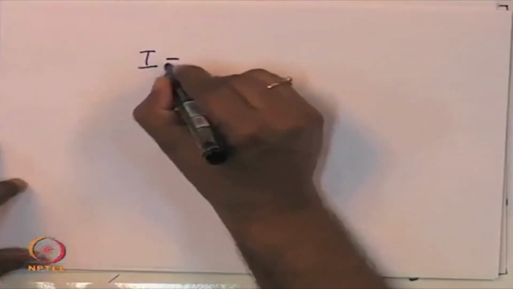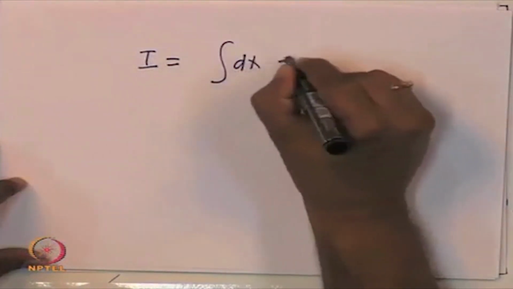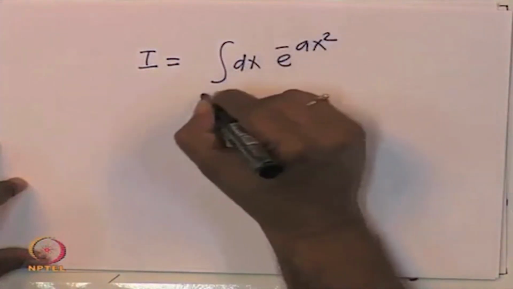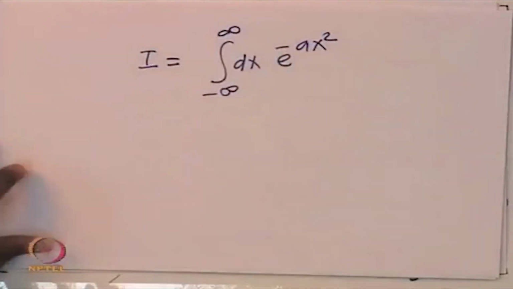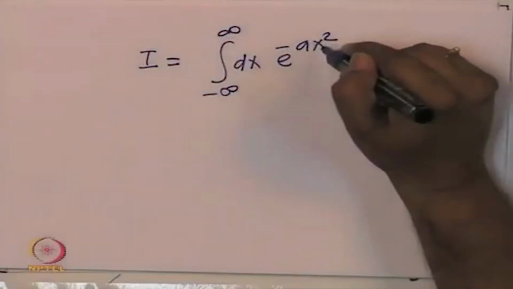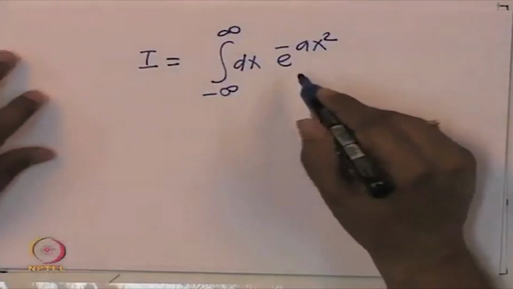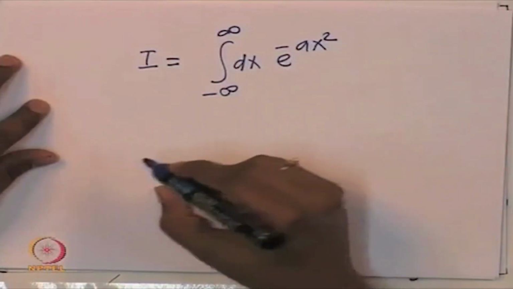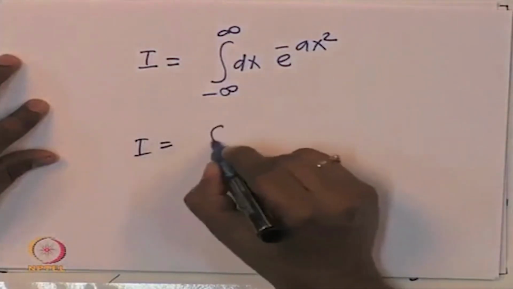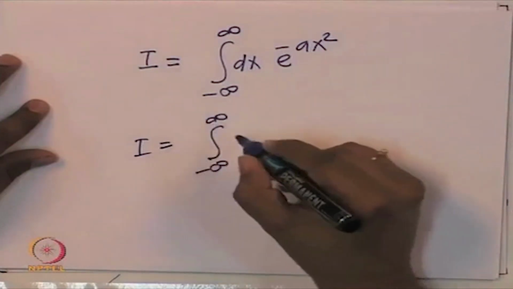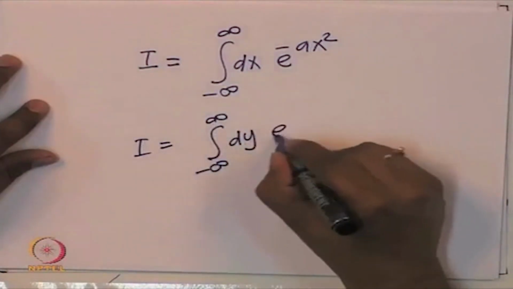Okay, so let's discuss this. What we want is I equals the integral from minus infinity to infinity of dx e^(-a x²). Now, x is the variable here. I could as well use y instead of x. x is just a dummy variable, so I could use y, z, k, or anything I want.